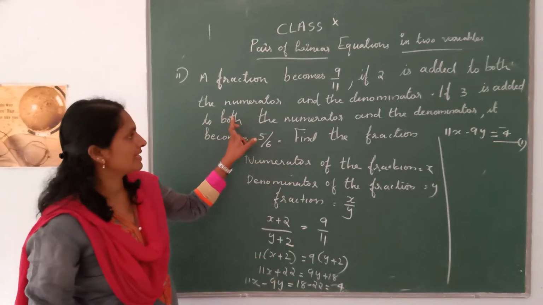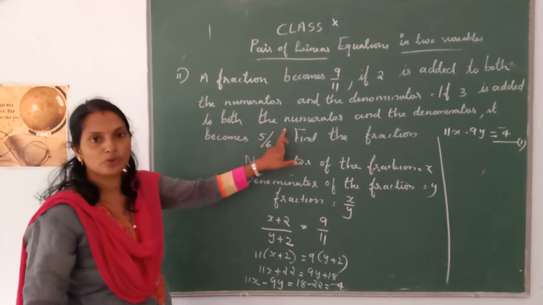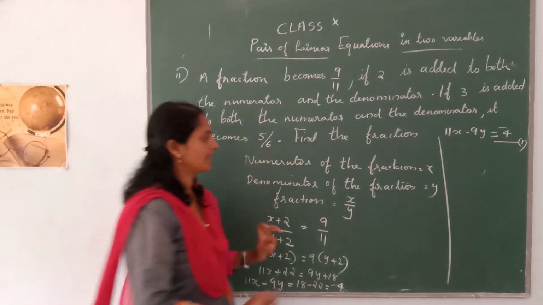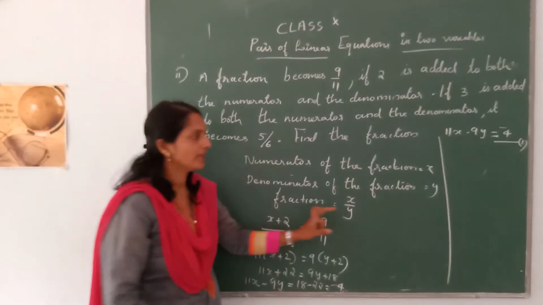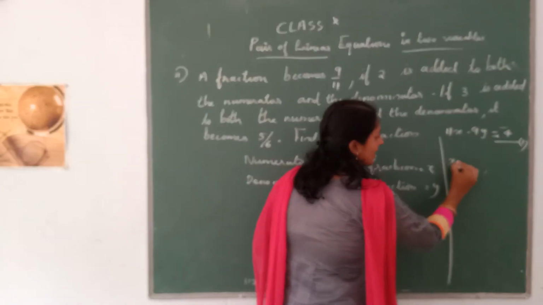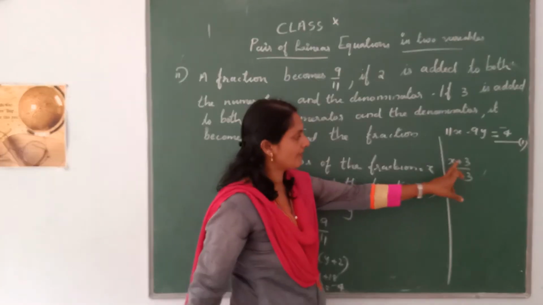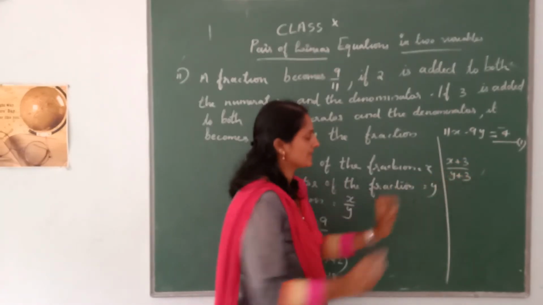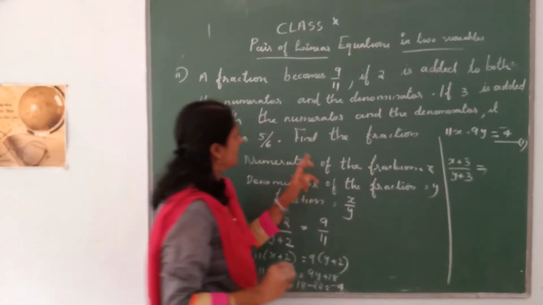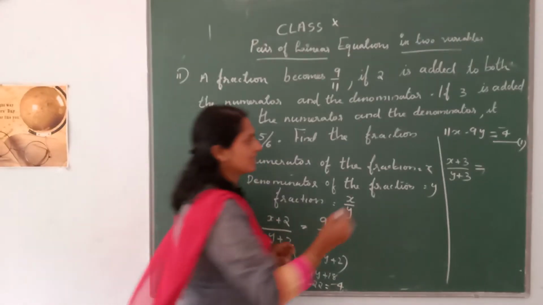Next condition, if 3 is added to both the numerator and the denominator, the fraction x by y becomes x plus 3 over y plus 3, that fraction becomes 5 by 6.